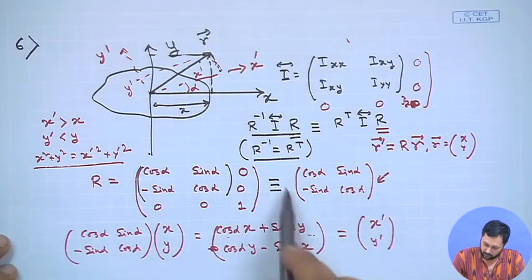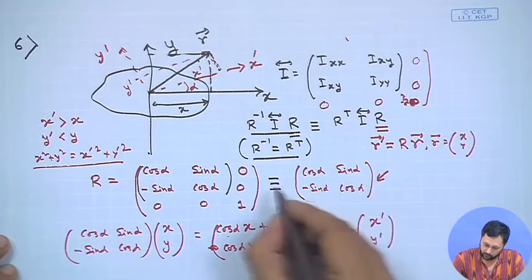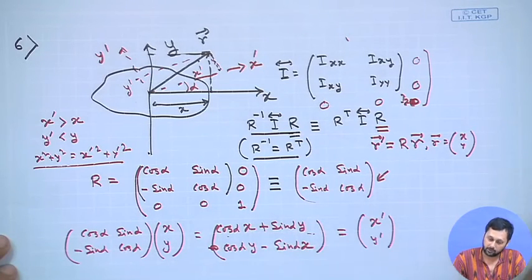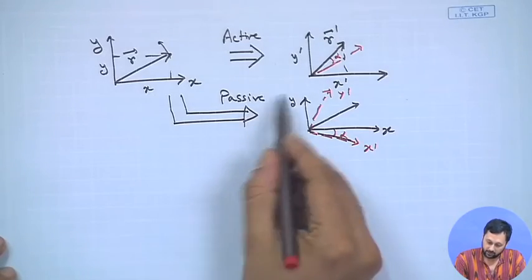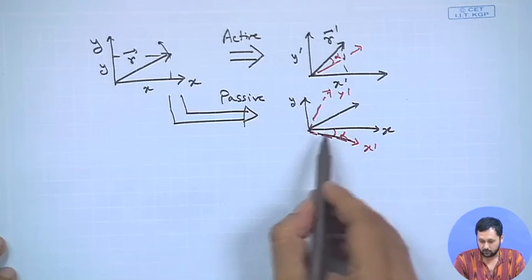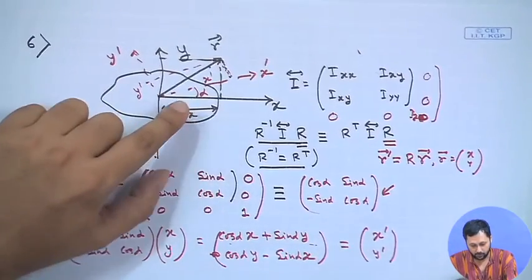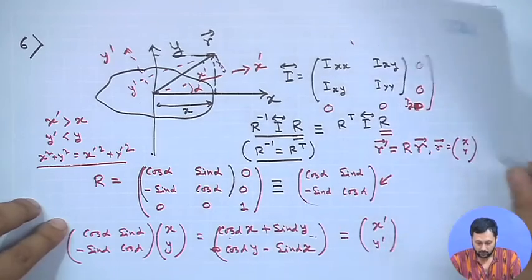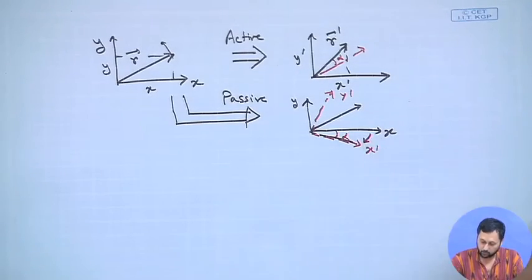So the situation here is a case of passive rotation. In both cases, this particular rotation matrix will serve the purpose. Right now we are dealing with a case of passive rotation. In the actual problem the coordinate axis was rotated in the anti-clockwise direction, but in this case we have drawn it as if the coordinate axis have rotated in the clockwise direction.